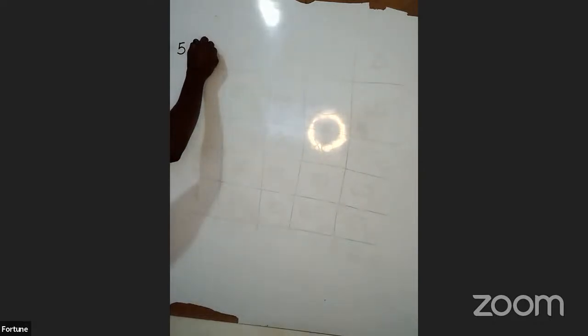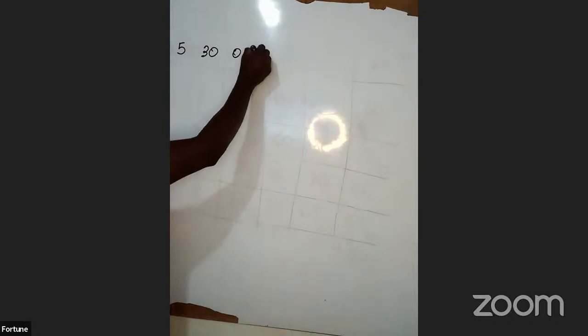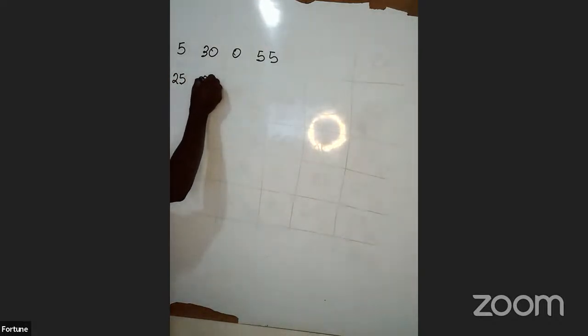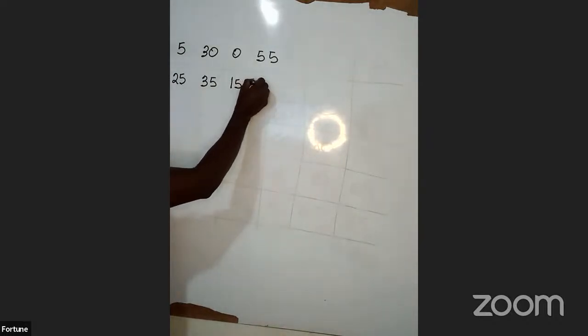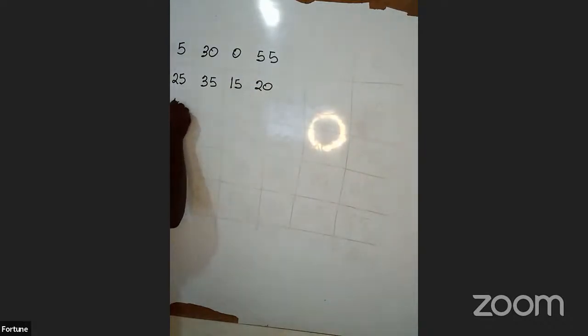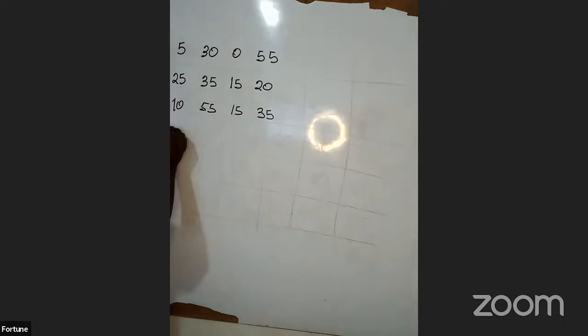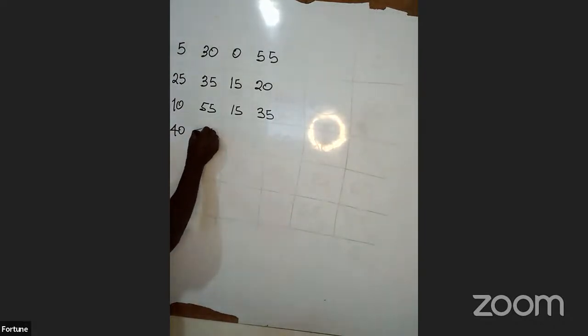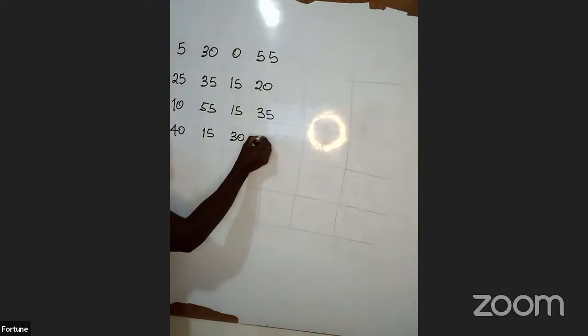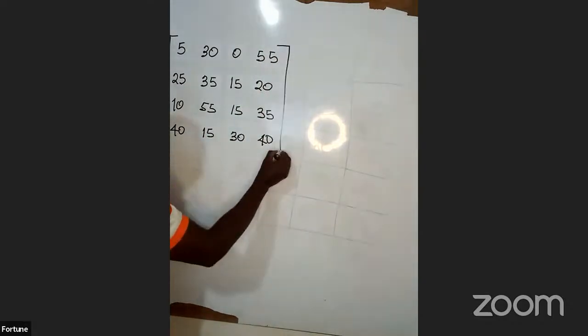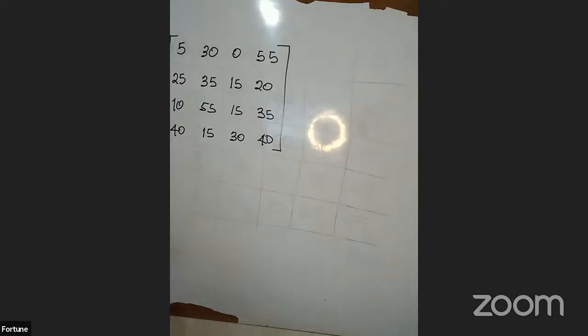Yes, it's 5, 30, 0, 55, then 25, 35, 15, 20, 10, 55, 15, 35, then 40, 15, 30, 40. So this is what we're going to work on now.